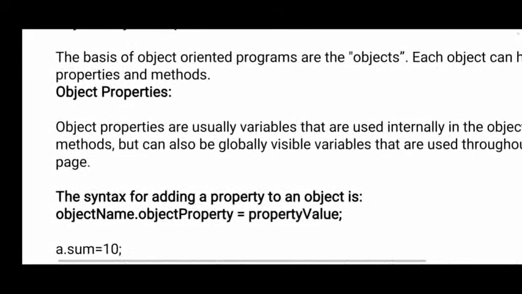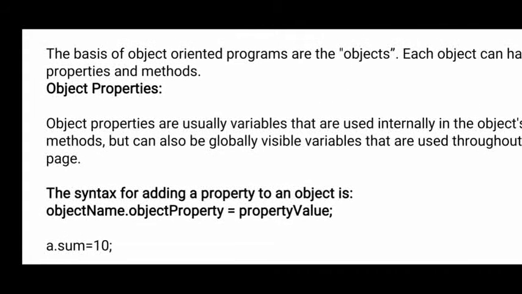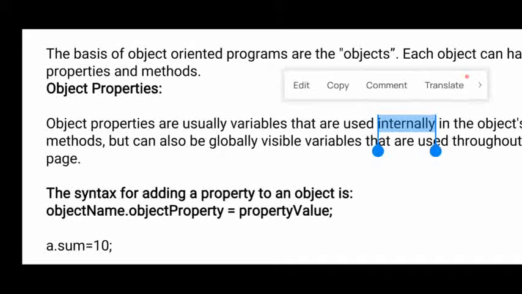Like in Java you have objects, in C++ you have objects. Similarly, in JavaScript also you have objects. Actually, these objects are the base of object-oriented programming, and each object consists of different properties.